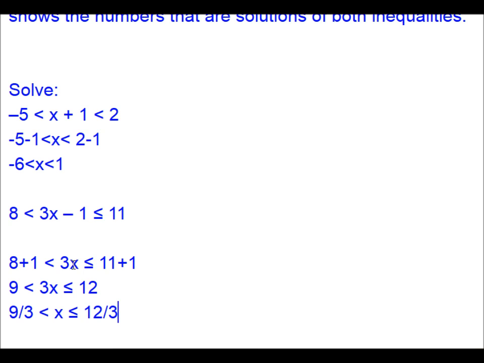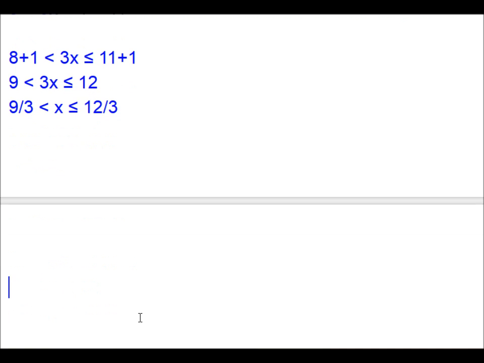So whenever we move a number to the other side of inequality, addition becomes subtraction, subtraction becomes addition, multiplication becomes division, and division becomes multiplication. So remember that rule. So 9 divided by 3 is 3, is less than x is less than equal to 3 4s are 12. So 4. So the solution here is x is greater than 3 and less than equal to 4.